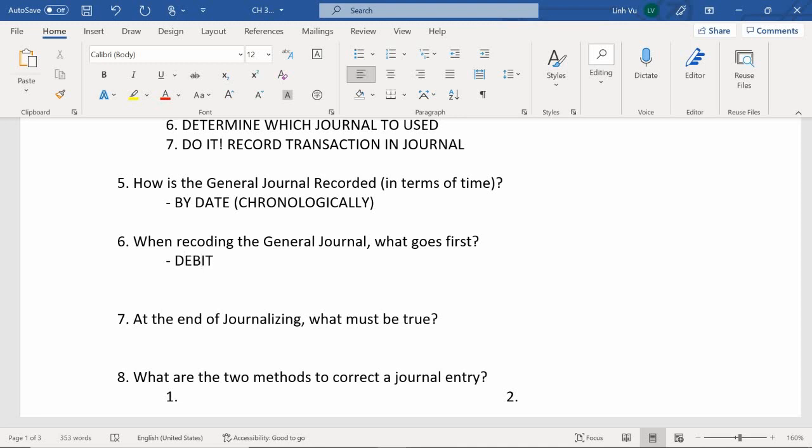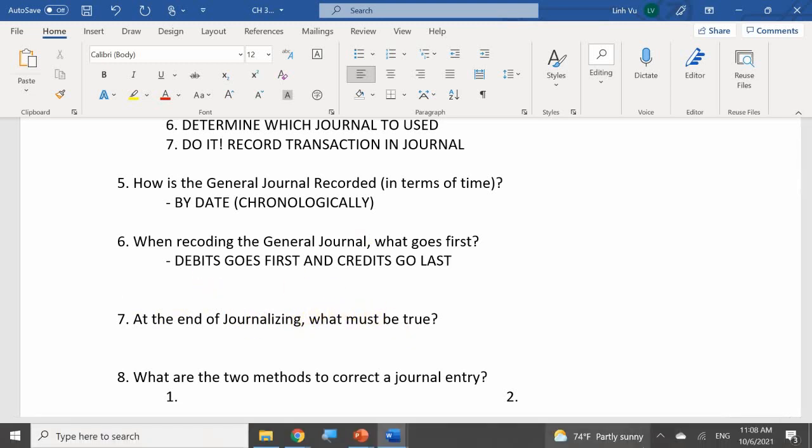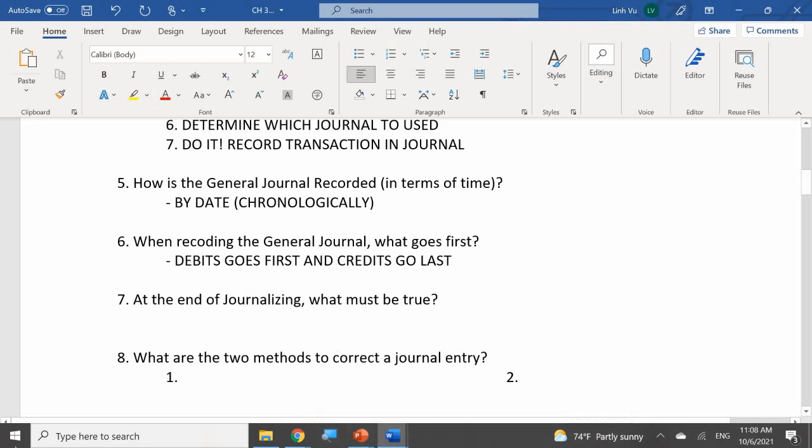Good. Debited accounts go first, and credits go last. And then at the end of journalizing, what must be true? Debit equals credit. Your total debits must always equal your total credits.